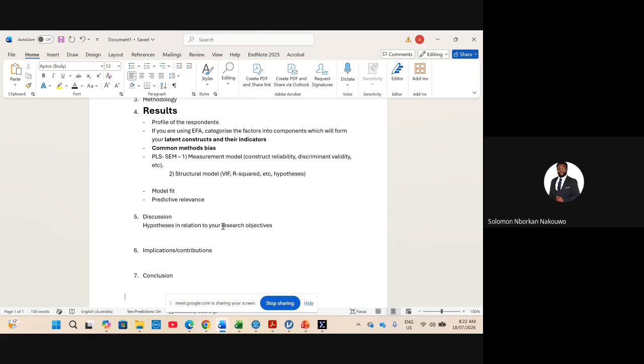When you came back, you said before you get to SEM, which means you see what you have listed here, we have the profile of respondents and we have the EFA and all of that, then the SEM, the PLS-SEM. So I just want to clarify, is it that these other 3 preliminary things that need to be done cannot be done in PLS-SEM, or is it optional, or they can all be done in PLS?